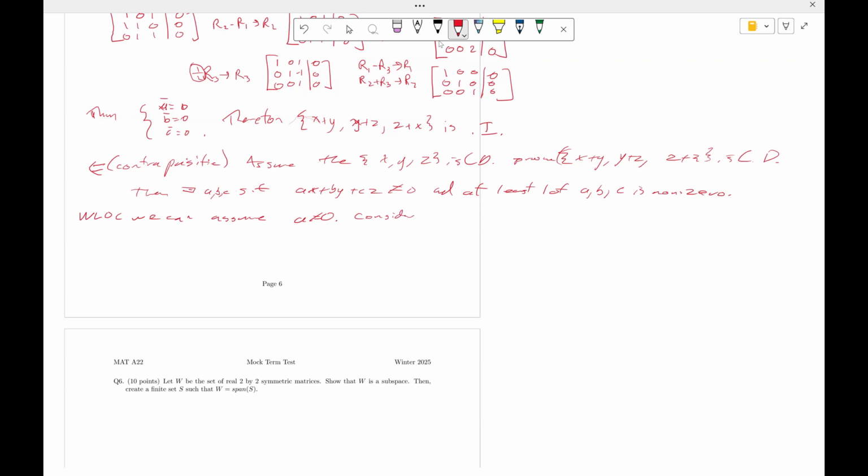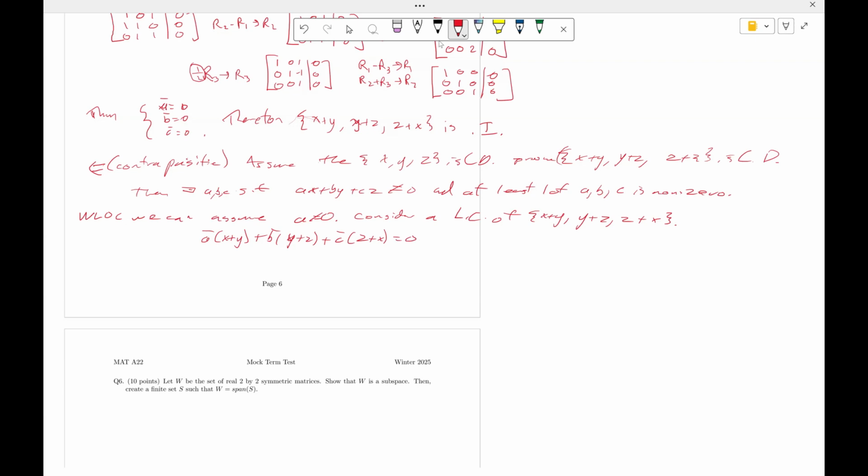Okay. Now, consider a linear combination of x plus y, y plus z, z plus x. And we want to show that there can exist a non-zero constant. So we start with a bar (x plus y) plus b bar (y plus z) plus c bar (z plus x) equaling 0.